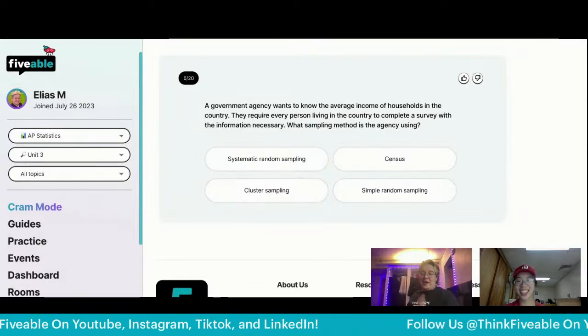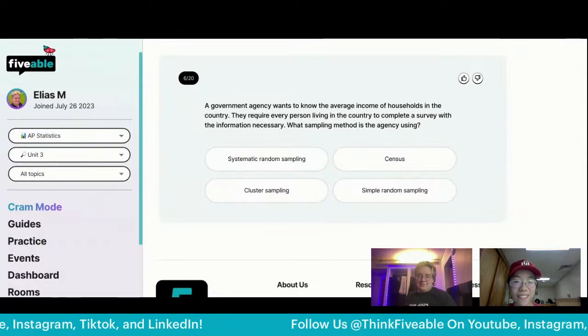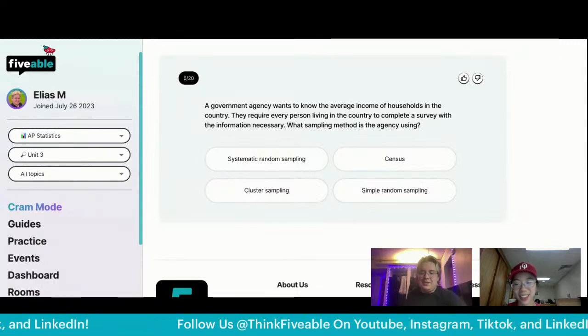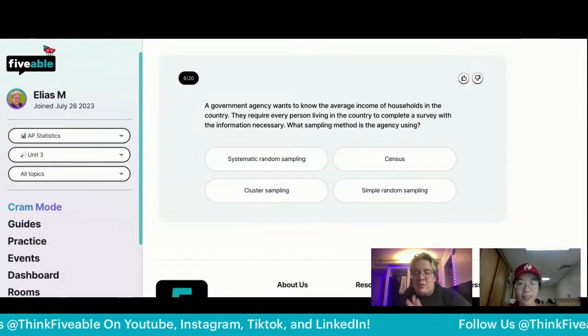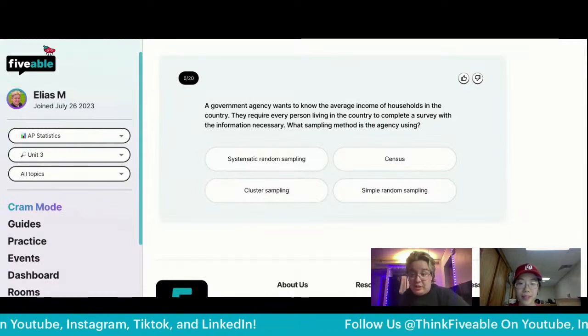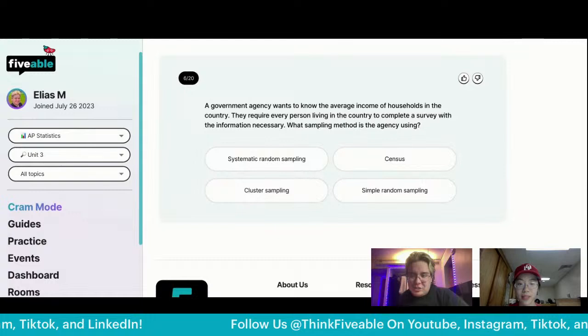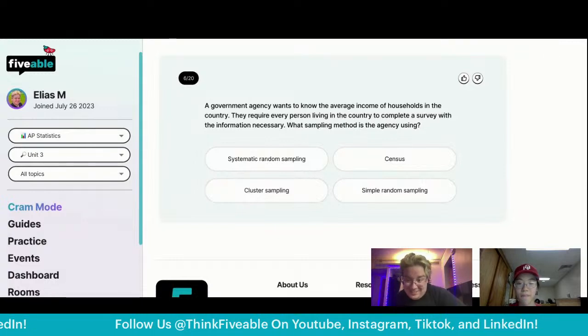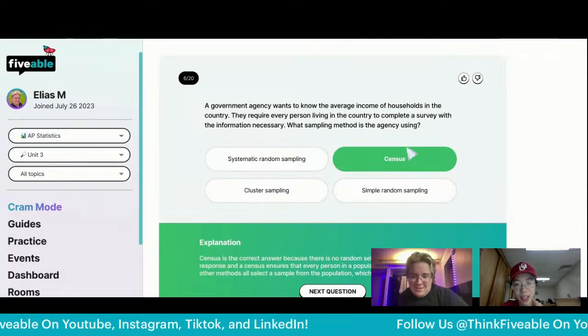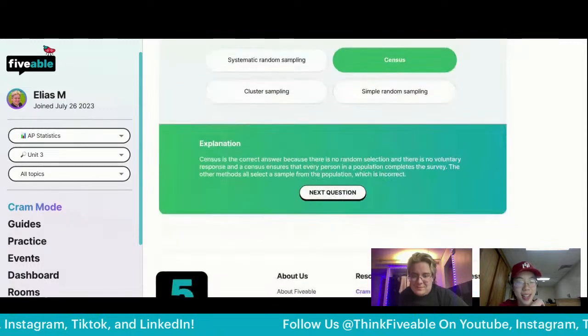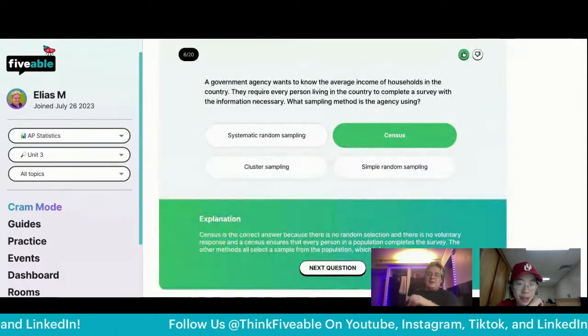The only one that doesn't directly say random, or sampling, actually. Oh no, it does say sampling. The only one that doesn't say random that isn't the correct answer here is cluster sampling. Cluster sampling is still a form of random sampling. Sampling implies that you're taking the smaller group, and census is just you're sampling the entire population.